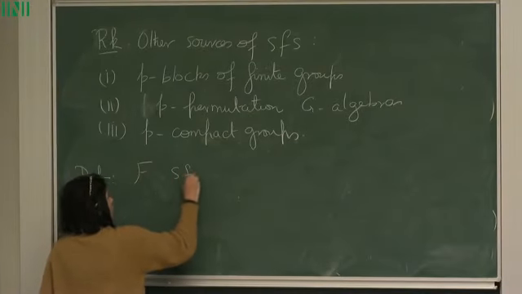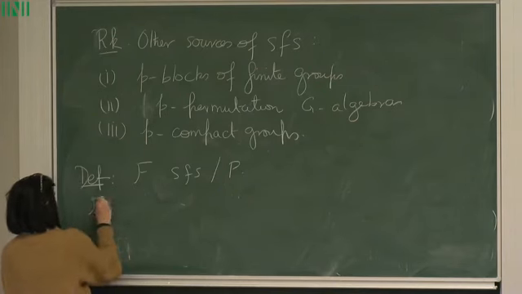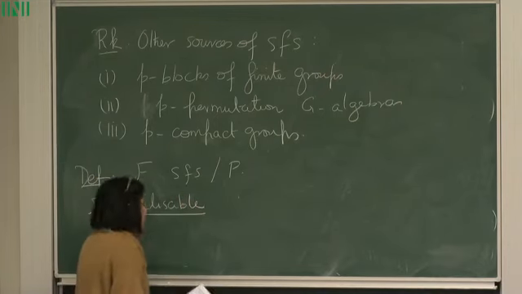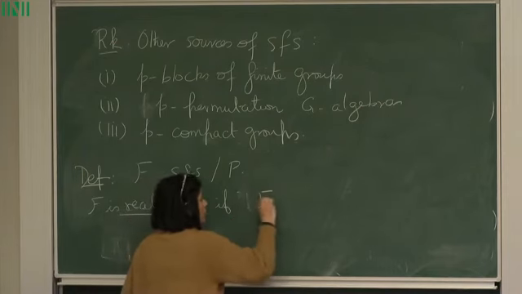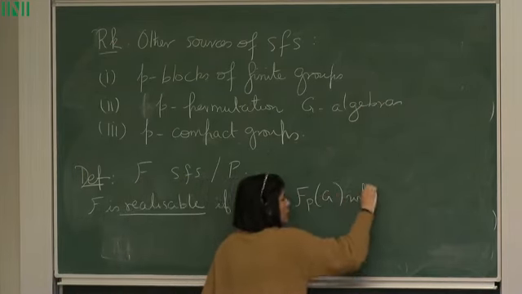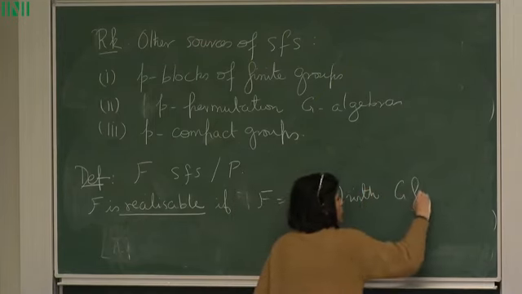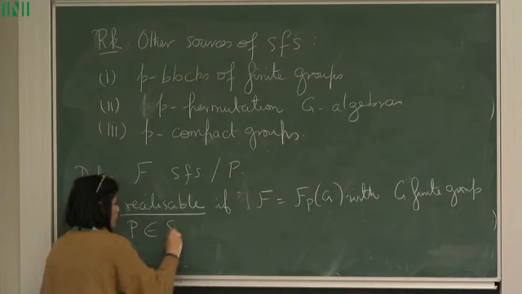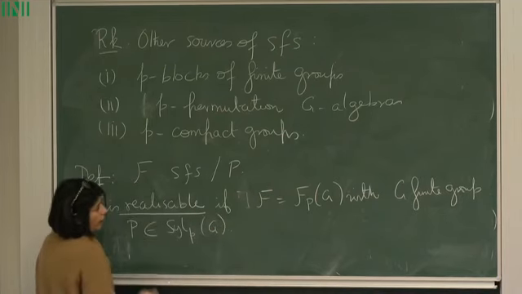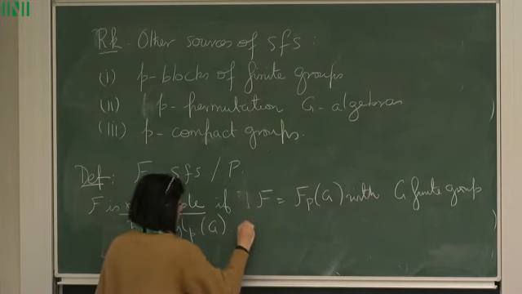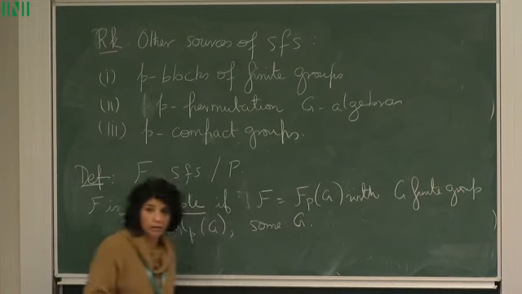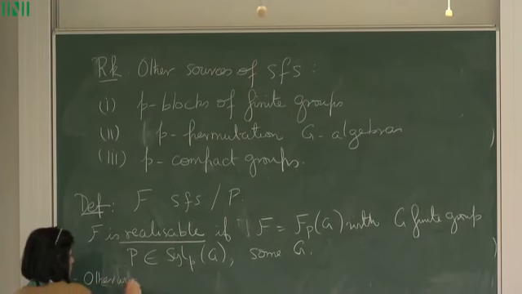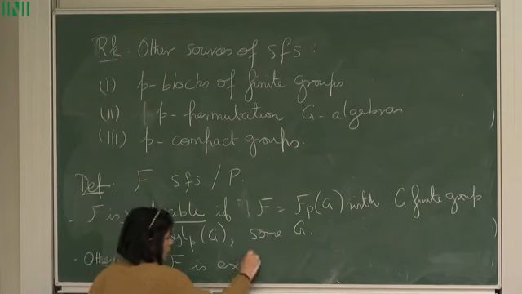If F is a saturated fusion system over P, then we say that F is realizable if F is of the form F_P(G) with G a finite group and P a Sylow p-subgroup, for some G. Otherwise, we say that F is exotic.